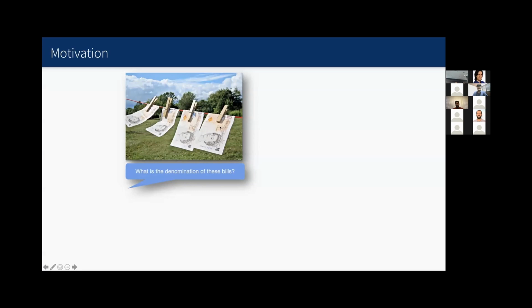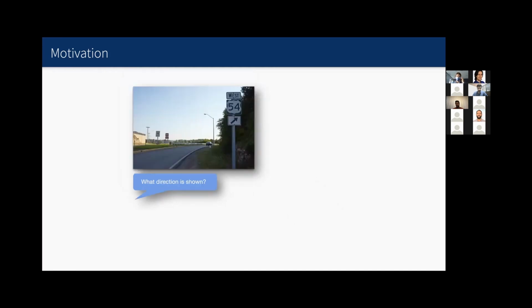Let's jump into the motivation of why exactly we built all this ecosystem around seen text, including the organizers of this workshop. The first example asks what is the denomination of these fields. When we were creating these datasets, the VQA SOTA would answer 50 without any reasoning or reading the text inside the image.